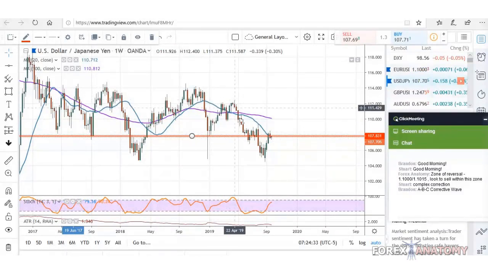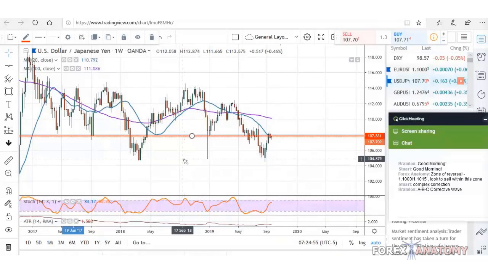But we can see that price broke below this support, creating a lower low, and then we had a correction creating a lower high, and then now we have this lower low. So price corrected right now, and it's testing the 20-week moving average. This blue line right here represents our 20-week moving average.